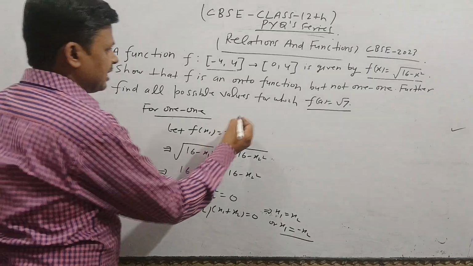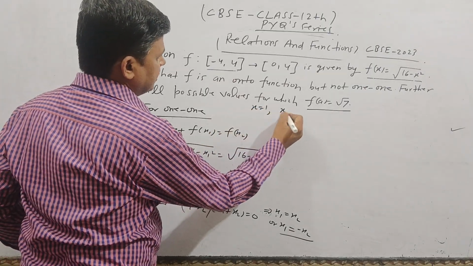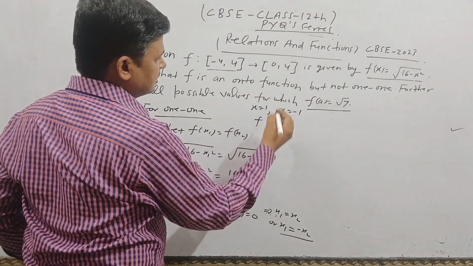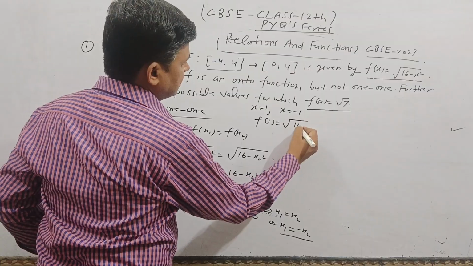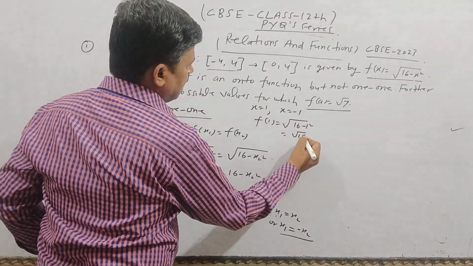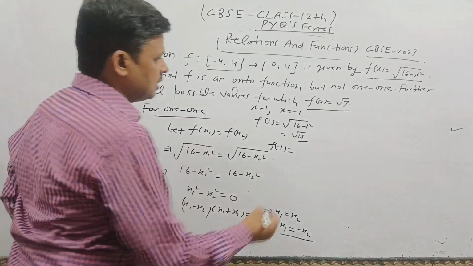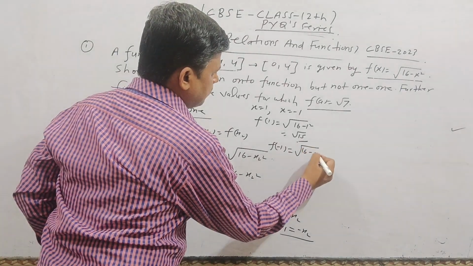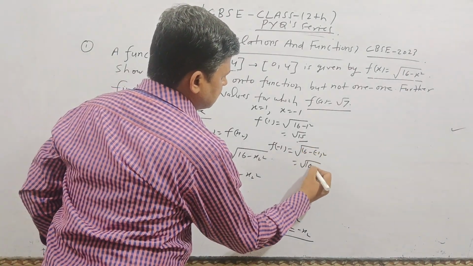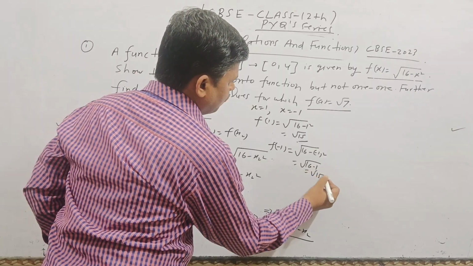For example, if we take x is equal to 1 and x is equal to minus 1, what will happen? Let us see here. f(1) is equal to root 16 minus 1 square, it is root 15. And what is f(-1)? f(-1) is also root 16 minus 1 square, root 16 minus 1, that is also root 15.